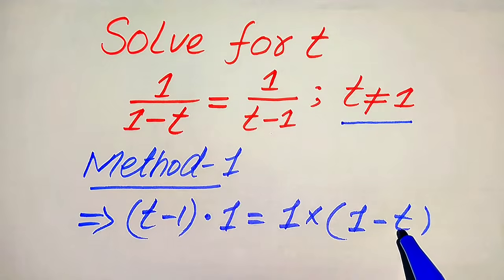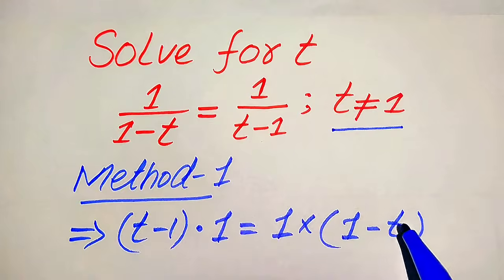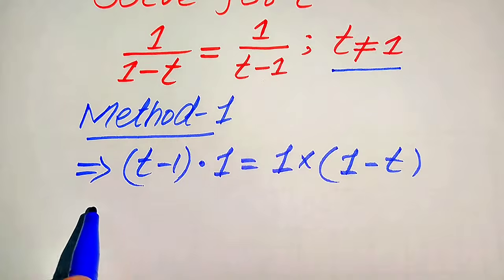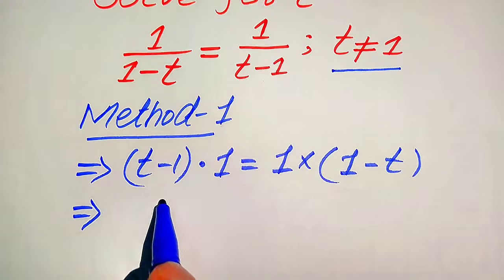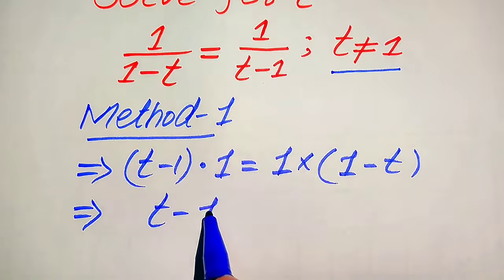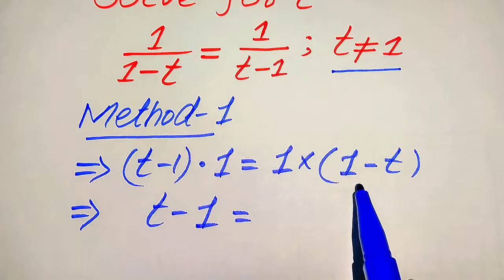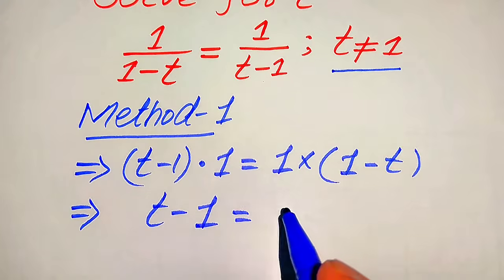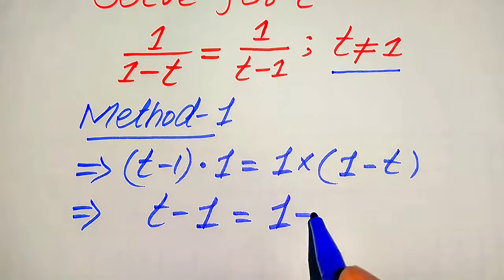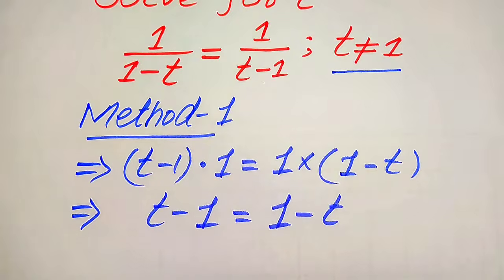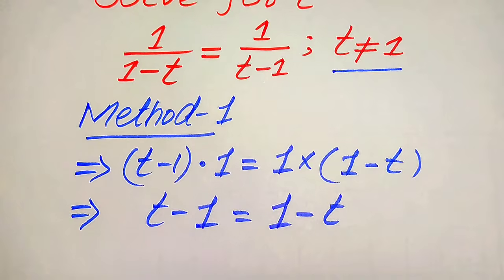And now in the next step, when we multiply 1 with this factor, this will be written as t minus 1 is equal to 1 times this number, which is 1 minus t. So you see here, our given equation becomes this form.